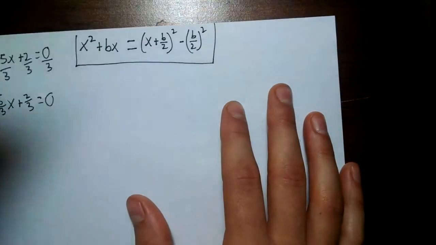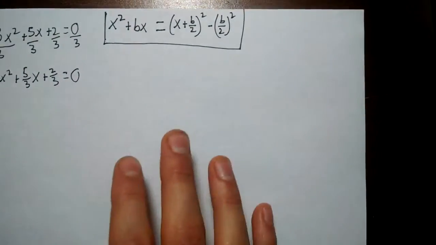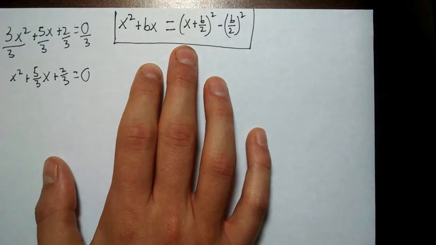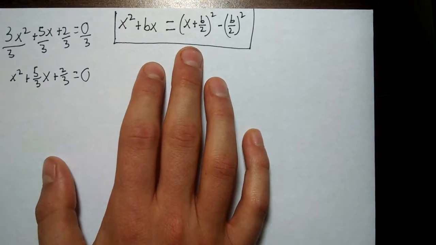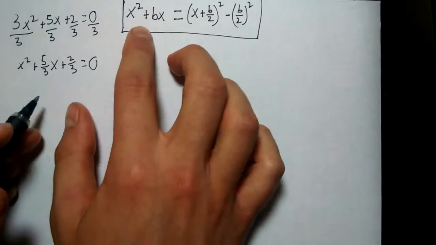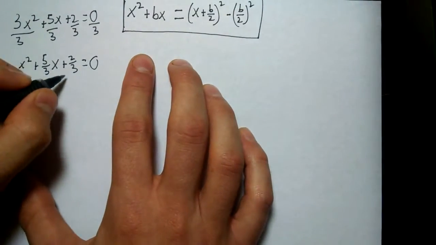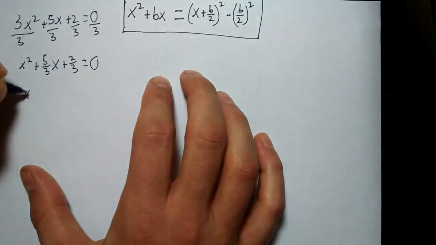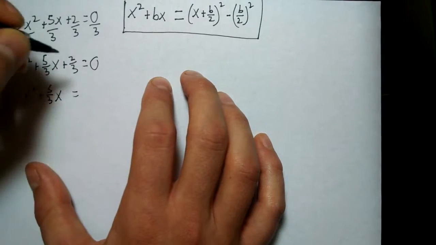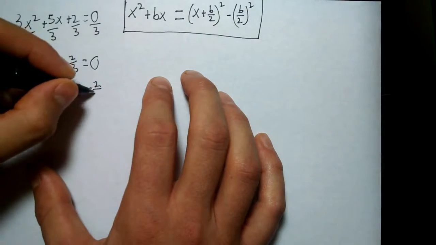We have this completing the square rule that we can use. And this is what I'm going to visualize here in a couple minutes that I think is so awesome. So continuing with this example, let's go ahead and move that 2/3 to the other side. So we have x squared plus 5/3 x is equal to negative 2/3.